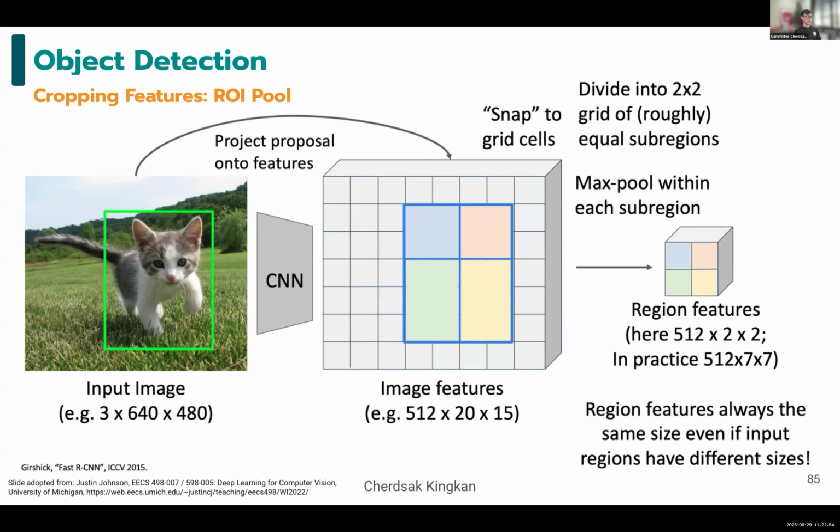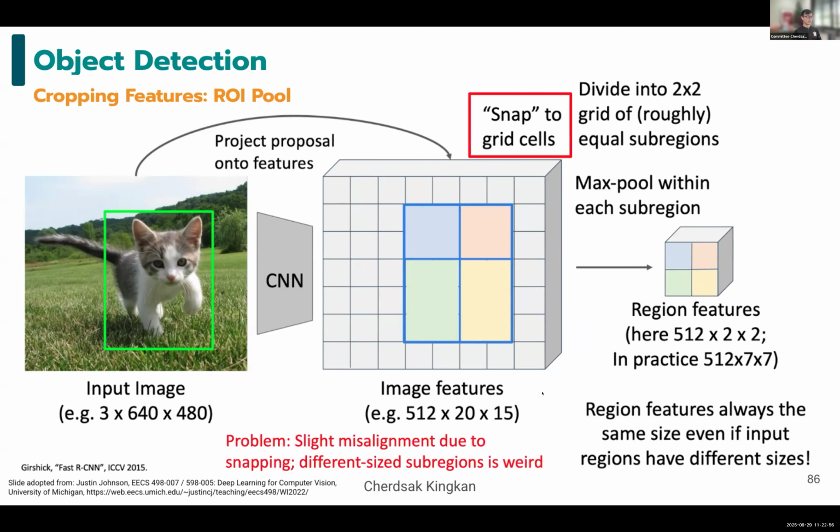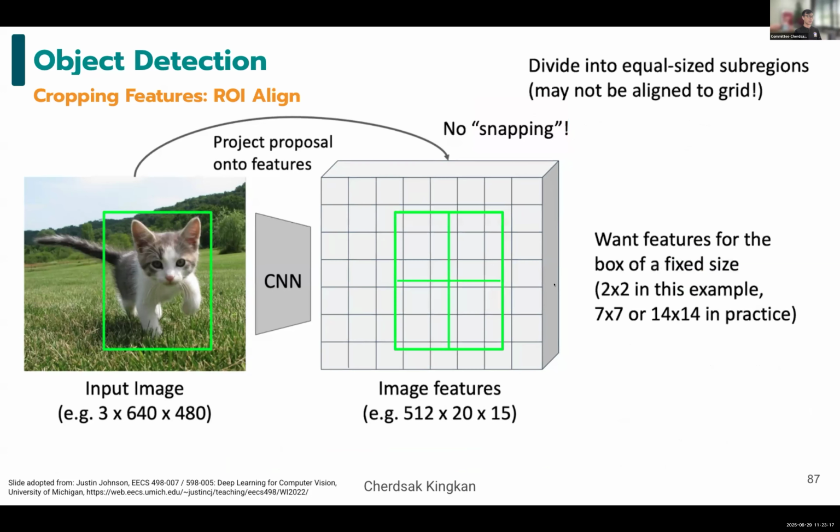The problem with this method is that a slight misalignment between these sub-regions, because you're snapping into a grid, can cause very different sizes of sub-regions. To solve that, we don't snap it.